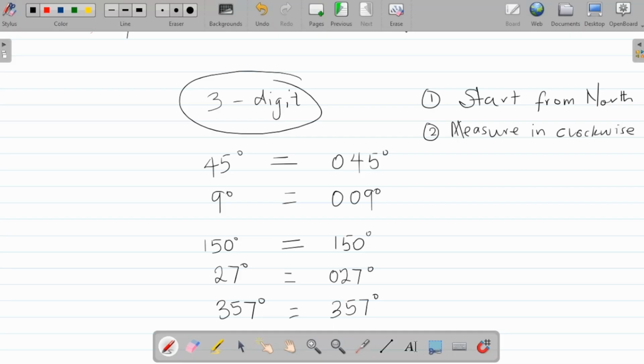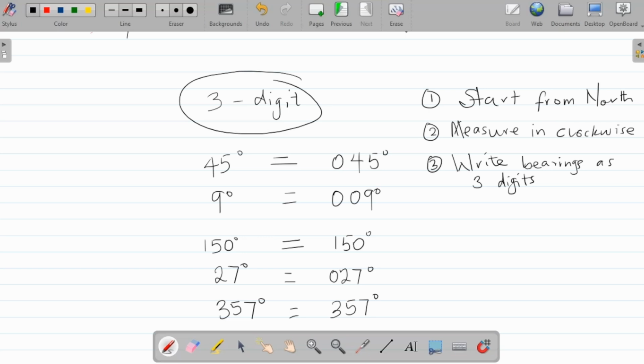Always measure in clockwise. And then the third one states always write bearings as 3 digits. So we avoid the mistakes in bearing questions.